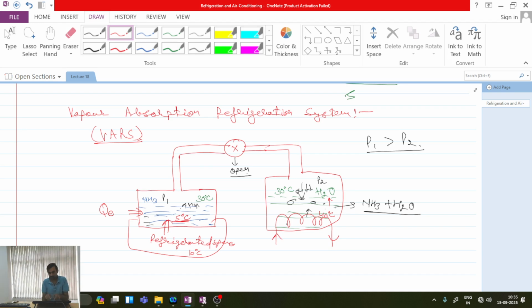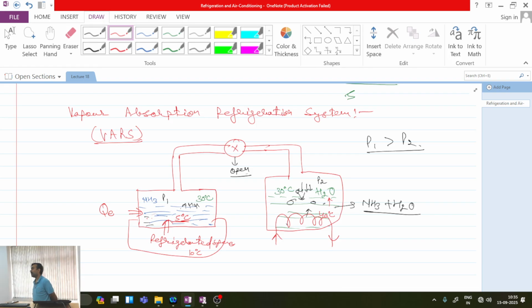After that, whatever ammonia vapor comes will just keep on presenting at the top. Is this one clear? The second possibility is that my entire amount of liquid ammonia has evaporated in the first chamber. Is this point clear? When either of these two conditions has happened, my refrigeration process will stop.